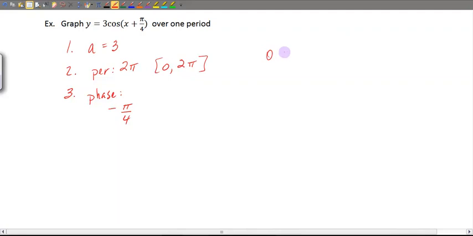So I have 0, 2 pi. Halfway between that is pi, pi over 2, 3 pi over 2. So that's the original value. But I'm going to shift everything to the left by negative pi over 4. So I'm going to subtract pi over 4 from each of these values.